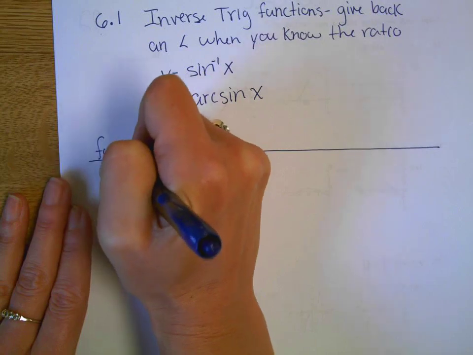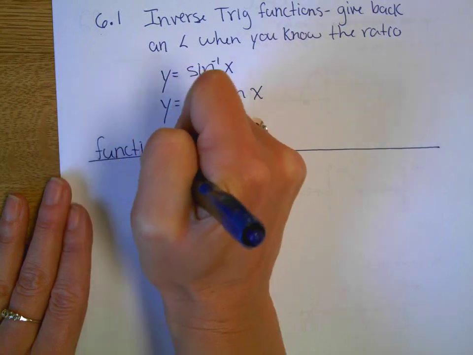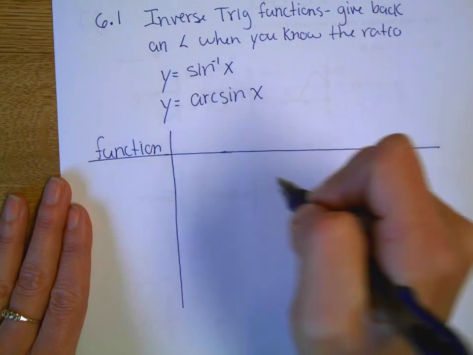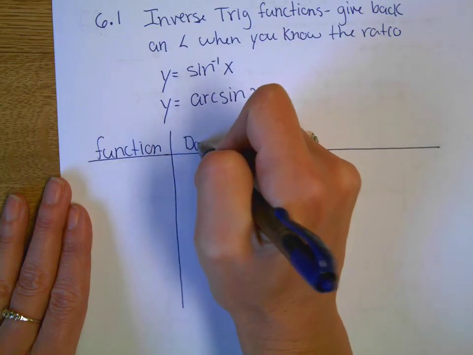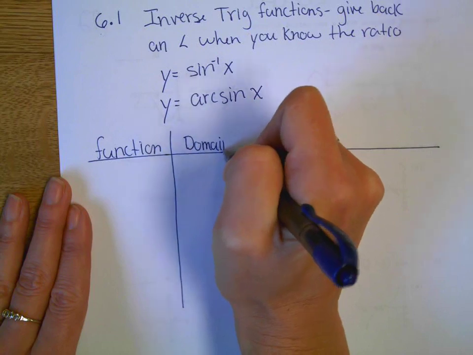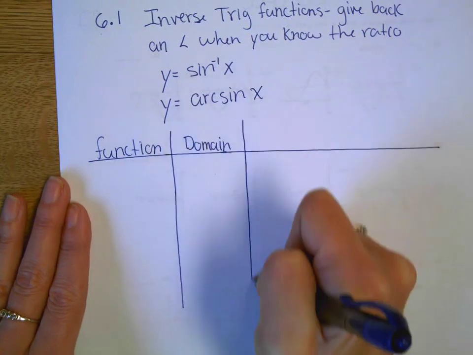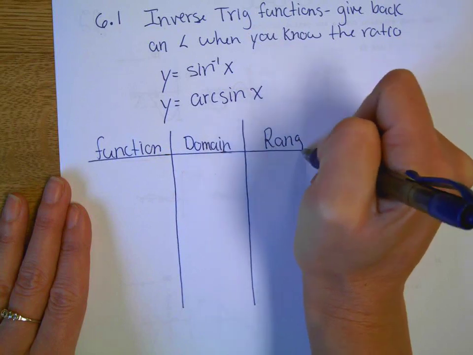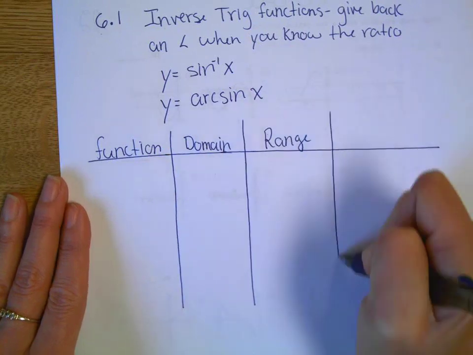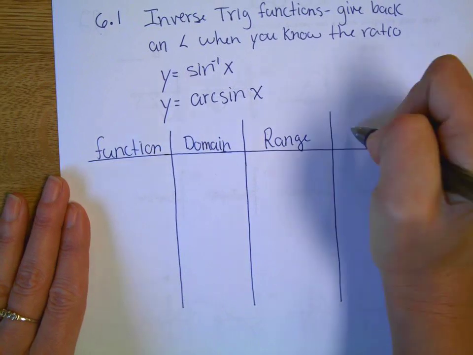Here's the function. I'm not going to bother with domain because I know you don't care. We're going to leave that one blank. But the range and the quadrants on the unit circle you're going to need.